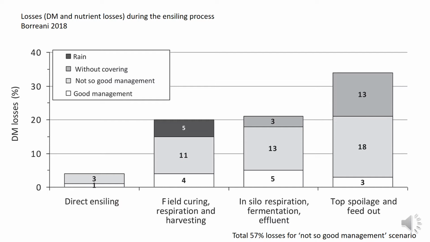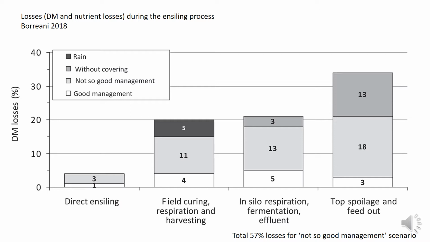The management scenarios that they've looked at are a good management, a not so good management, without any covering, and also a scenario where rain occurs during the wilting process. And they've split it into different stages of silage making from the field through to feed out.